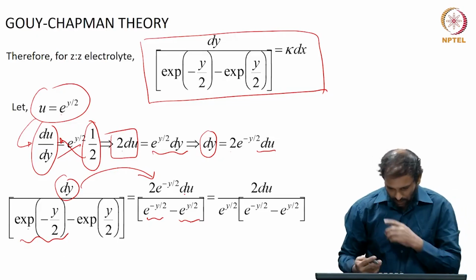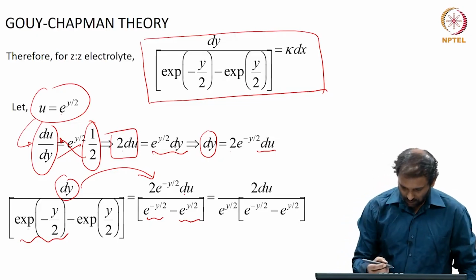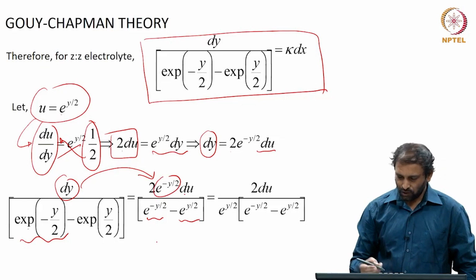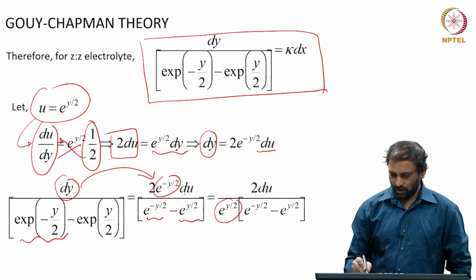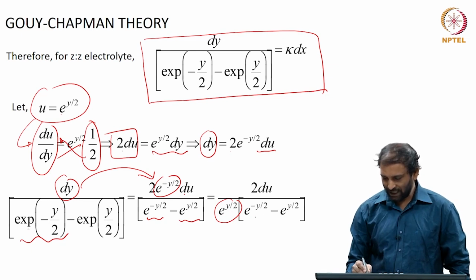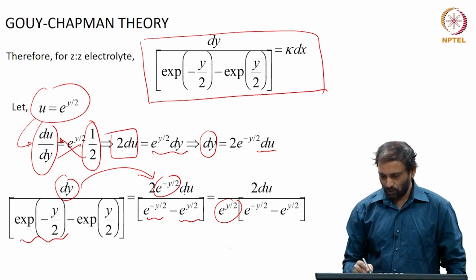Now what I can do is take this term to the denominator. Therefore, I have 2 du multiplied by e power minus y by 2, over e power minus y by 2 minus e power y by 2.